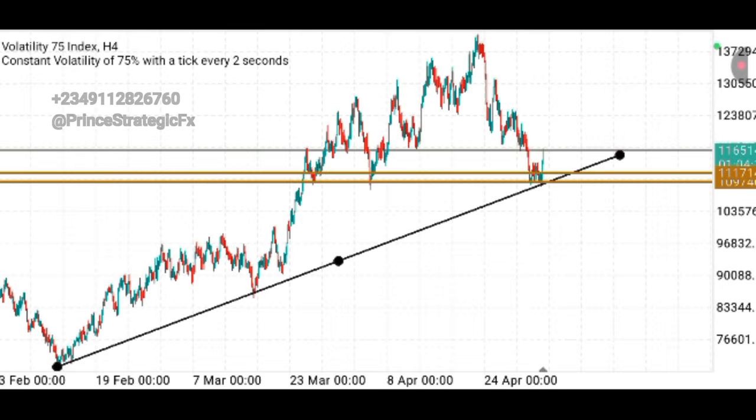It doesn't matter whether you do it 10 times or 5 times. What matters is that you do it the correct way and draw a perfect trend line. That is what matters here, because this is price action.